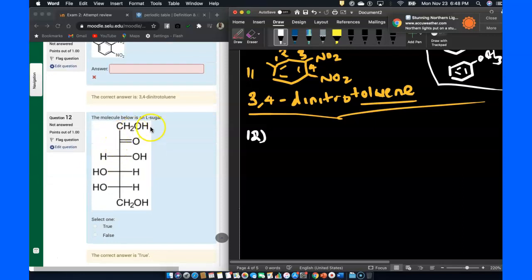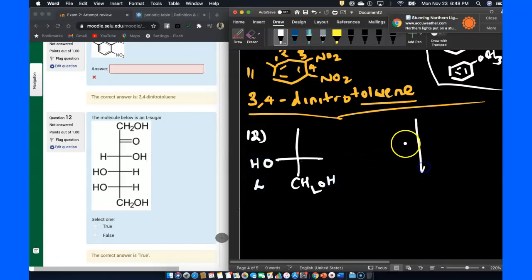The molecule below is an L sugar. The answer is true. For L, you just look down here. If the OH is on the left, that's L. If the OH down here on the second last carbon, the first chiral carbon of the Fischer projection, were to be on the right, that would have been called D. Okay, so the answer is true.